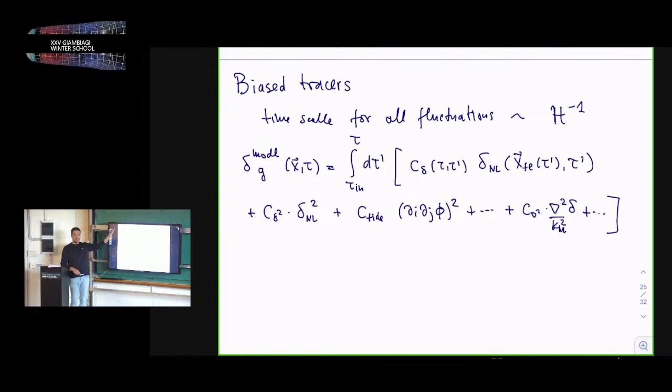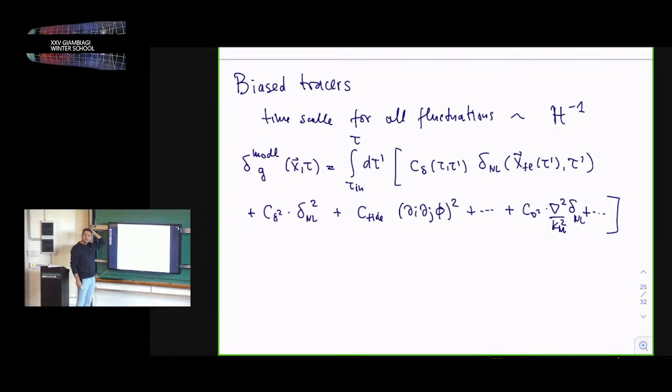We have to fit them from the data together with other cosmological parameters. But what is nice is that we have a systematic way to relate the underlying nonlinear dark matter field with the galaxy density field. Okay, so we don't have to find out what the equations of motion for galaxies are.